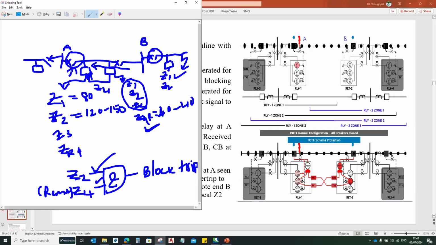To avoid that, I am sending a blocking signal to this end. Similarly, when the fault happens here, this relay will send a blocking signal to the other relay. This is called the blocking signal.